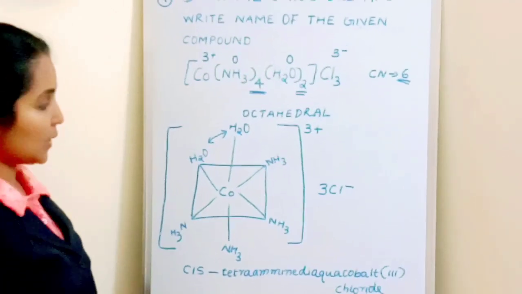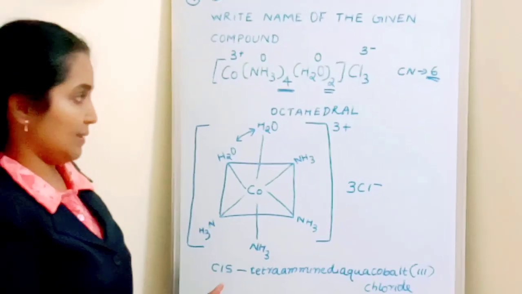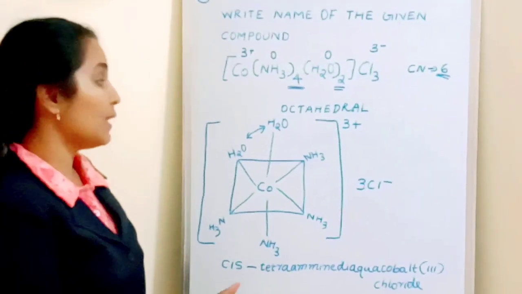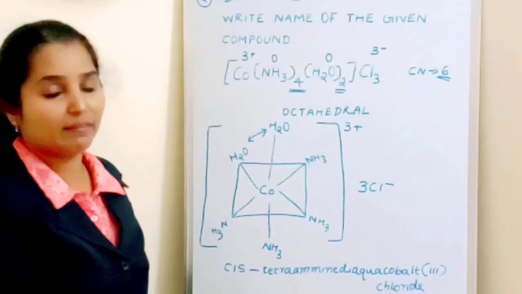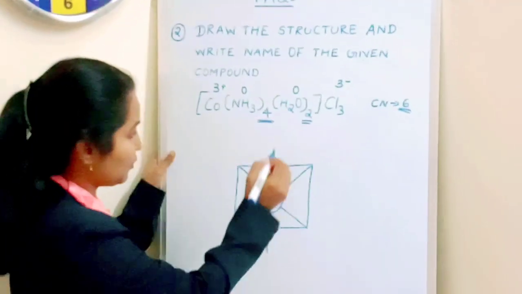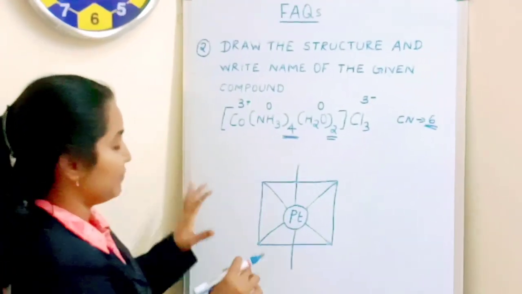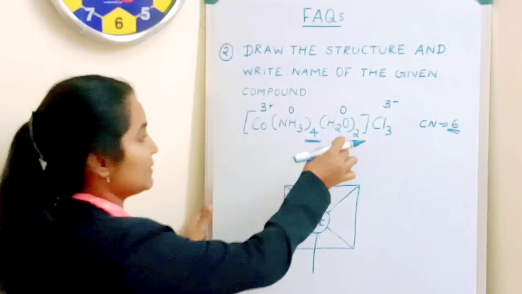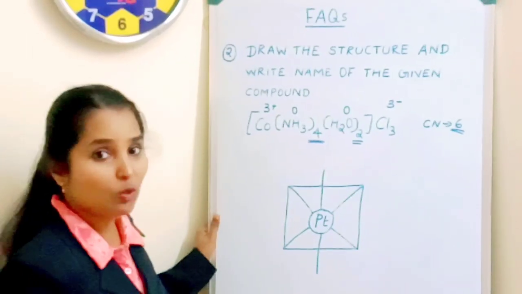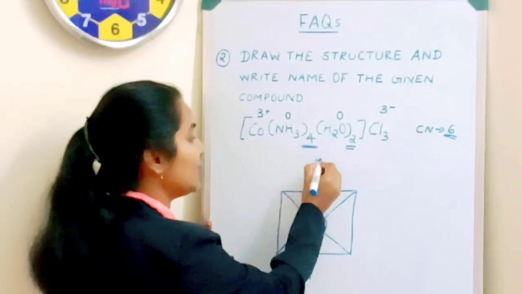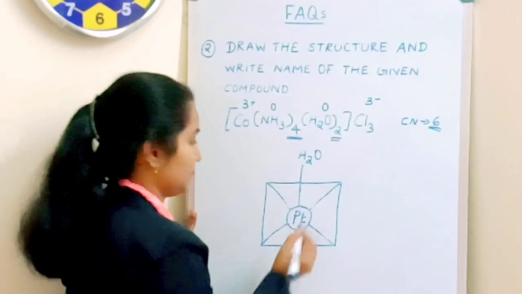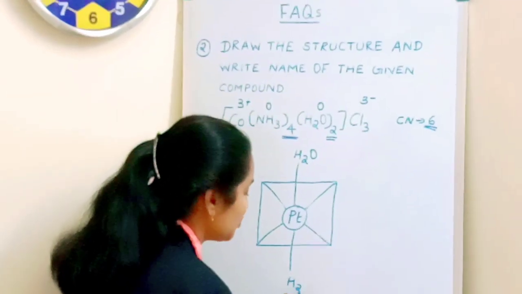Now let's see what the trans form is. It's clear, I think. The cis form is clear. In the same way, we will do the trans form of the given compound too. The cis form we have already seen. So here we have two aqua ligands that I am placing away from each other. H2O here and H2O here.